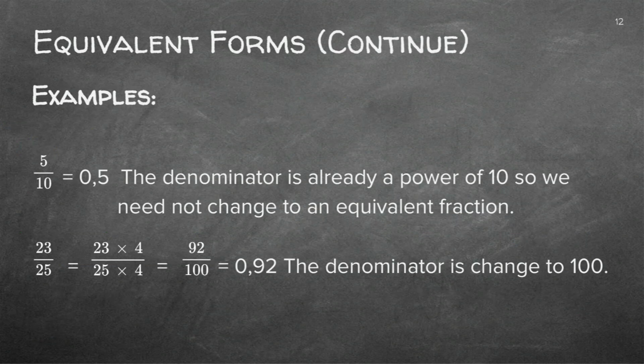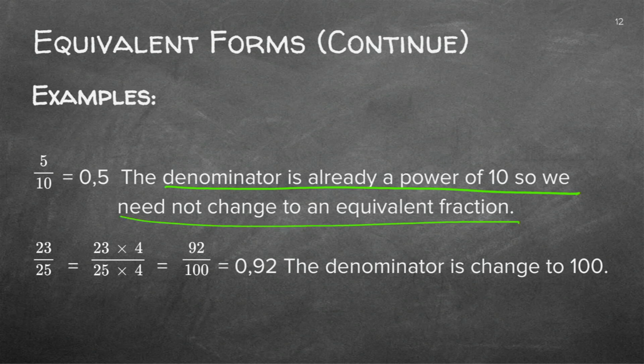An example: 5 over 10. That is a power of 10, so it's easy. So we're gonna work out it's 0,5. The denominator is already a power of 10, so we don't need to change this to an equivalent fraction. But when we get to 23 over 25, we have to get this denominator to a power of 10.